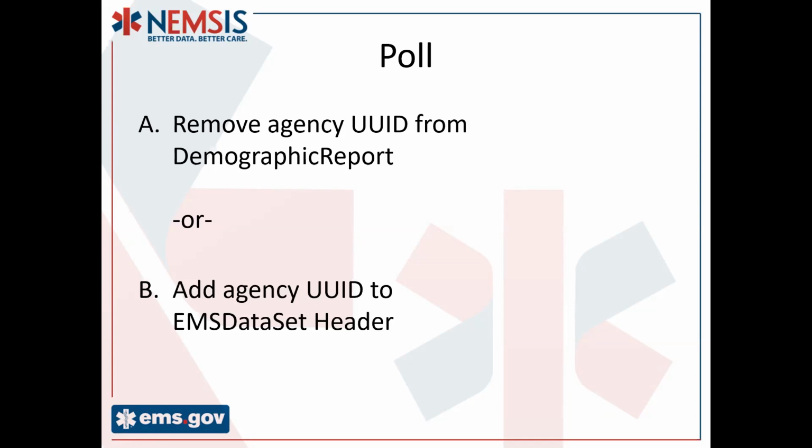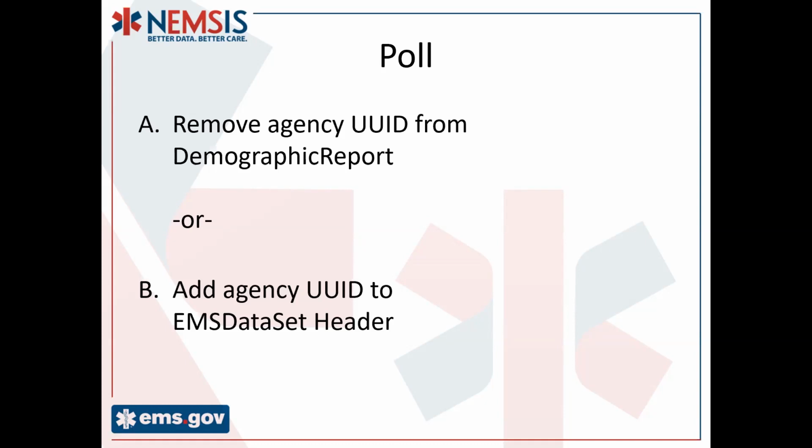Okay, any further discussion, or do we feel like we're sufficiently informed to take a vote? Okay, so again, we're going to do a poll, which I'll turn over to Julianne in a second. Option A is to take the agency UUID back off of the demographic report. It was added in the candidate release. We would back it off.